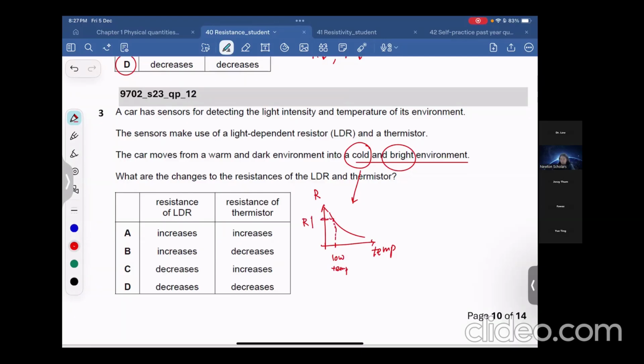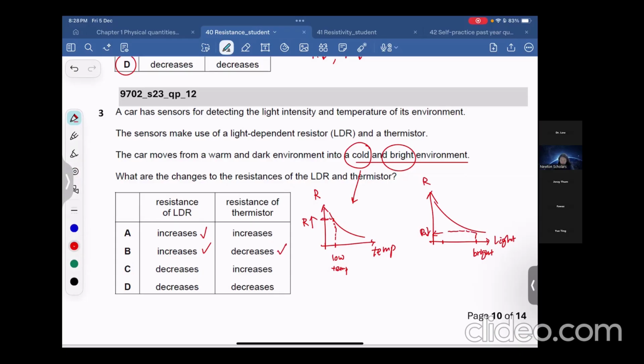So resistance should be increased. So for the bright environment, also the same. Your light intensity, then this is your resistance, is inversely proportional. So at the end, when bright, somewhere here, resistance actually become low. Decrease.